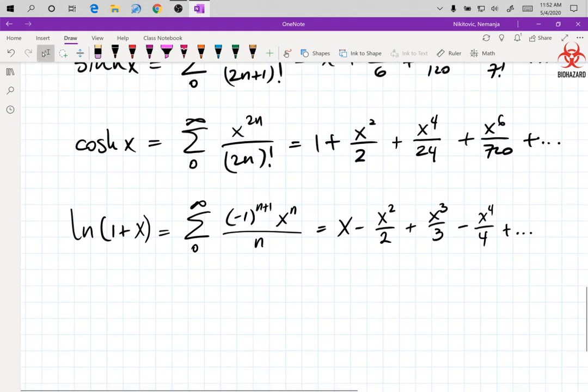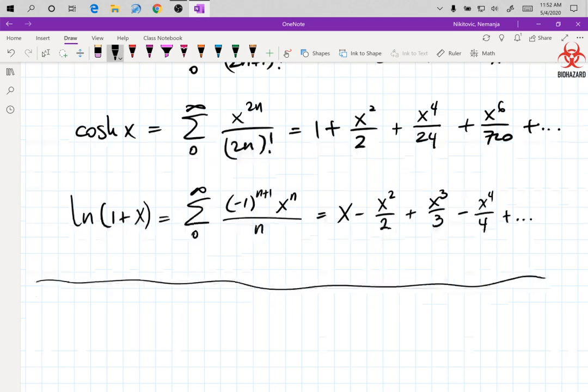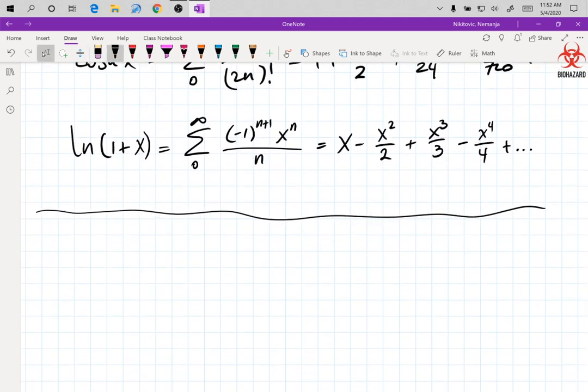Now, what happens if you need something composite? What happens if you need to find, let's say, cosine of x cubed? Another theorem which you are supposed to know from 11.2 is that function composition is allowed inside power series.